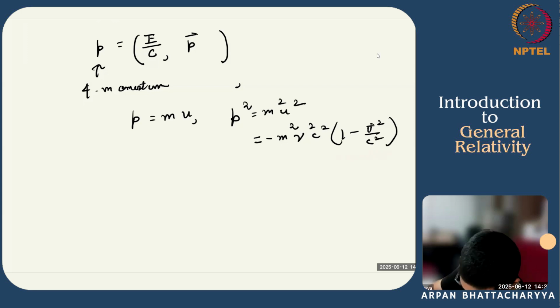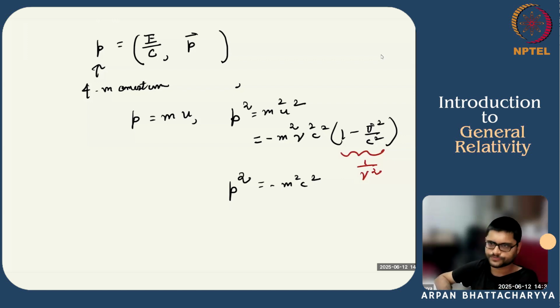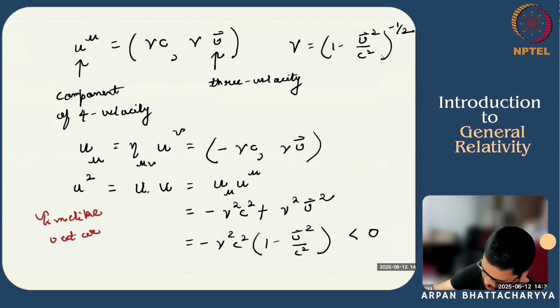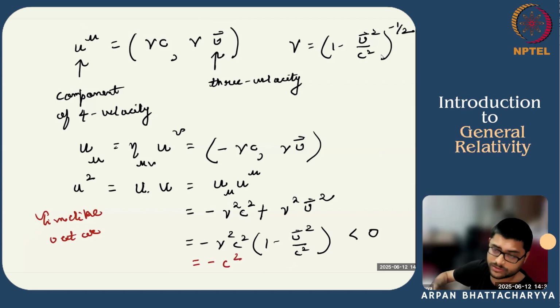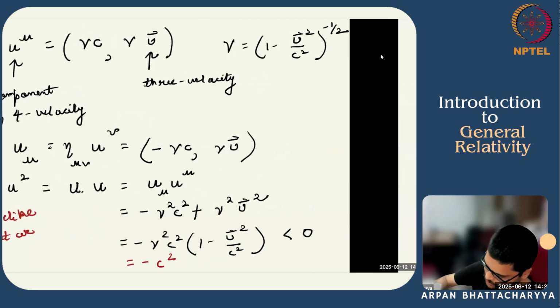But this is nothing but 1 by gamma square, and so p square is minus m square c square, using the fact that again this is 1 over gamma square.